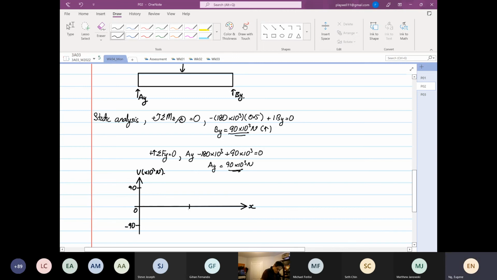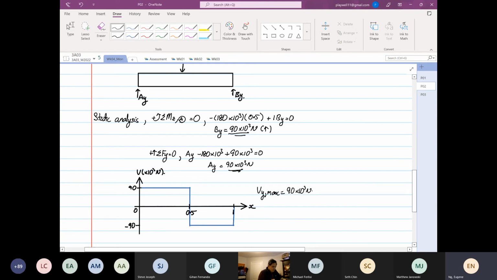This is 0, this is 0.5, and this is 1. So our shear force diagram will go from 90, run horizontal, and then drop by 180. Then you go horizontal. So from here, we realize that V max, or Vy max, is equal to 90 times 10 to the power 3 Newton.